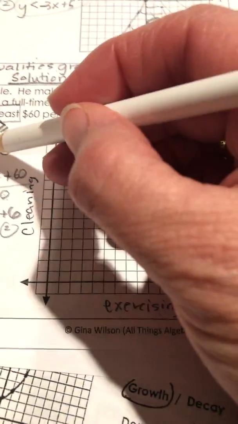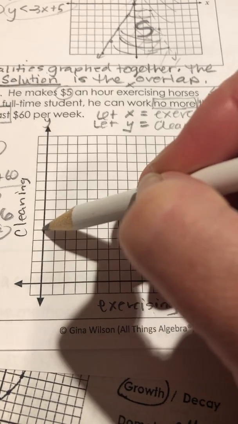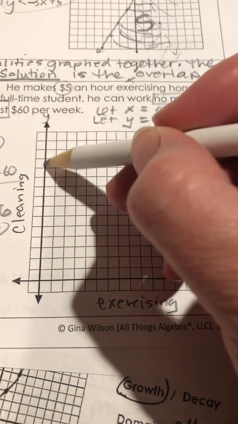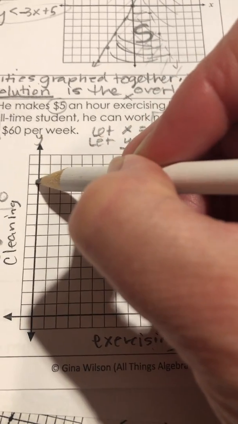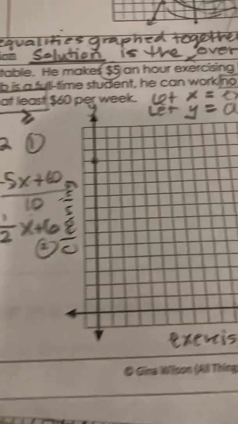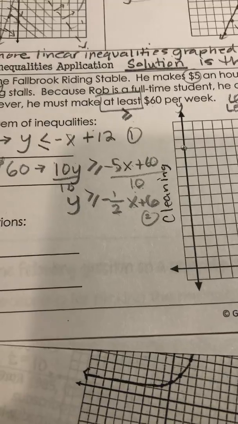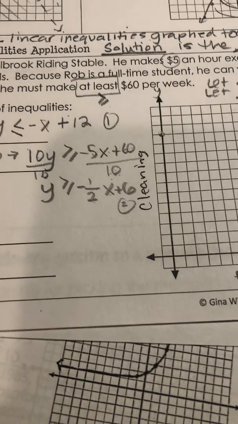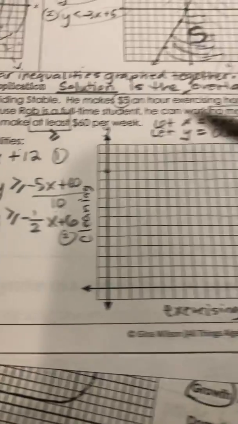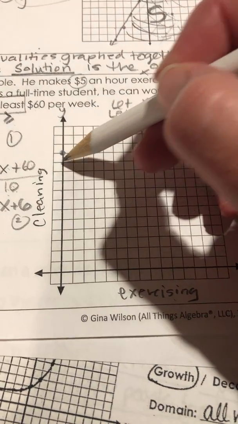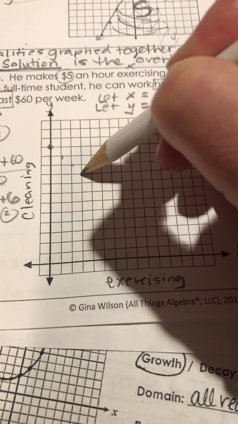So if I start at 12, I'm going to go all the way up to 12. That's my y-intercept for my first constraint or equation.